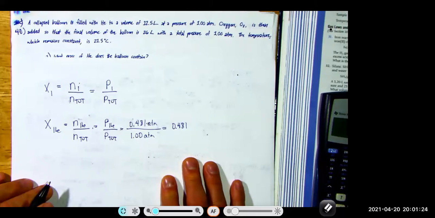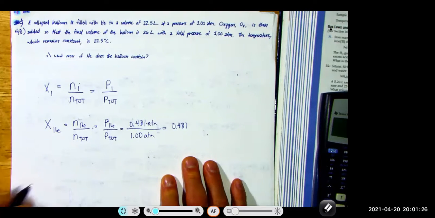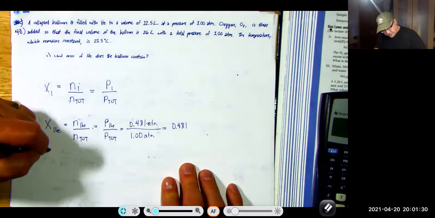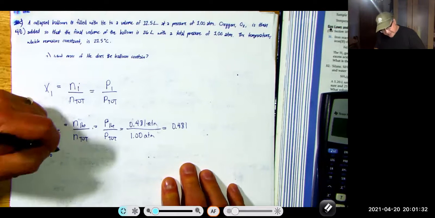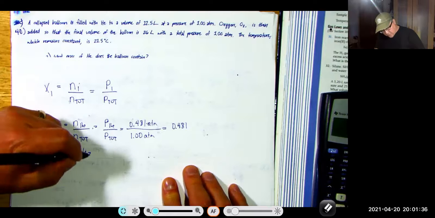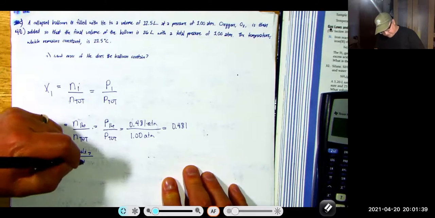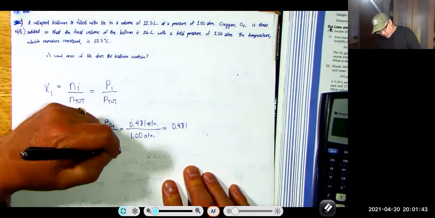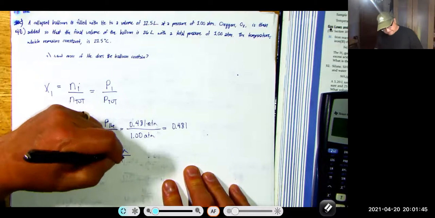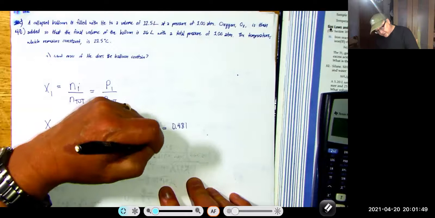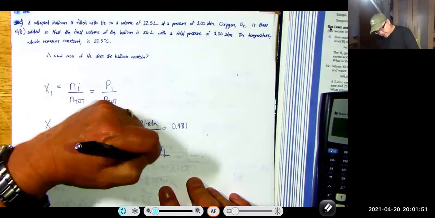It's interesting when they talk about mole fractions, it's like percentage. If you have X percent, that means X moles over 100 moles, or X atmospheres over 100 atmospheres, or X millimeters of mercury over 100 millimeters of mercury.